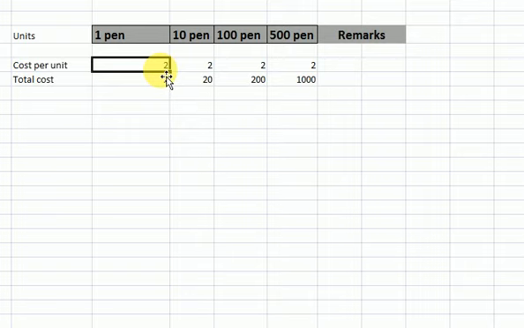While variable cost, we discussed, will be fixed per unit. So look at per unit cost is 2, 2, 2, 2. So what will be? It means that this is what? This shows variable cost.